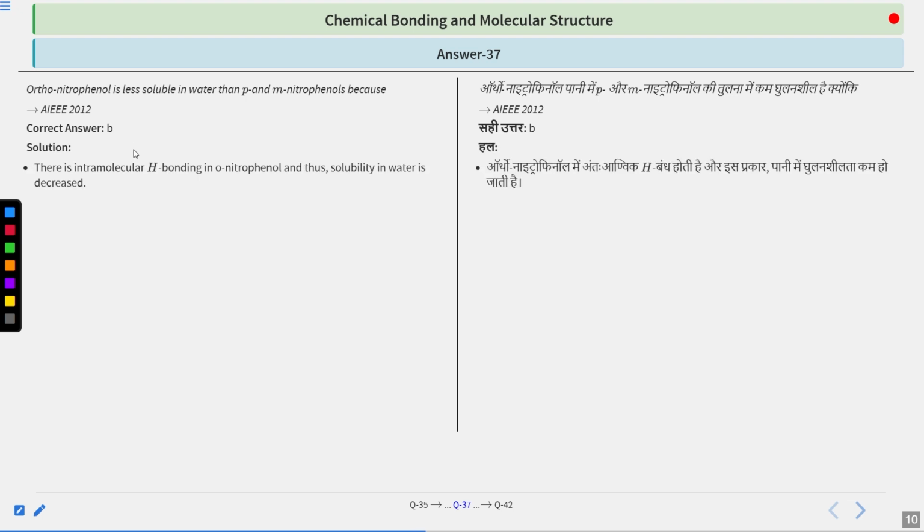Now how can we solve it? There is intramolecular hydrogen bonding in orthonitrophenol. What is intramolecular hydrogen bonding?